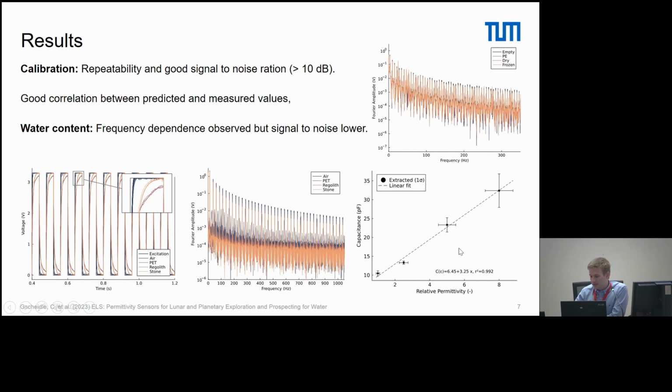And this is the calibration we performed, and you can see that this was quite good. There's still some to be improved, but you can see up here the noise levels get worse when we add a lot of water and change the temperature, but still the overall performance is quite good.